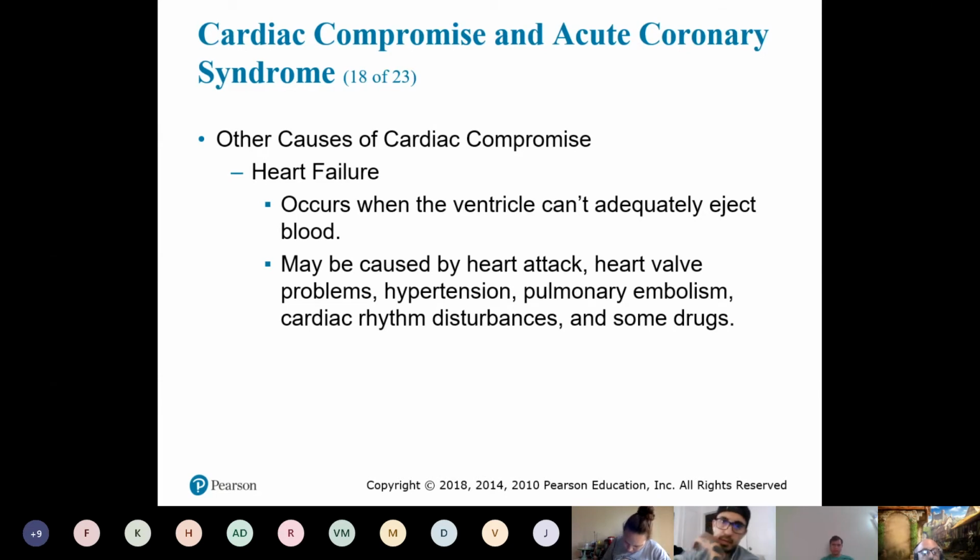It affects a large portion of the muscles. When are you talking about a heart failure? Yeah, with heart failure, it results in a heart attack that affects a large portion of the muscles.